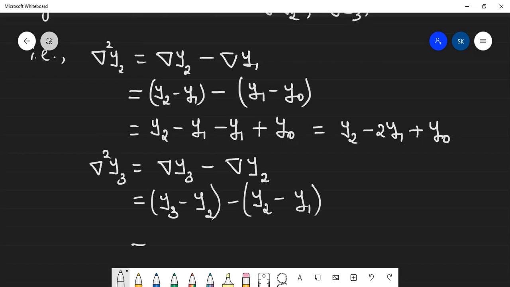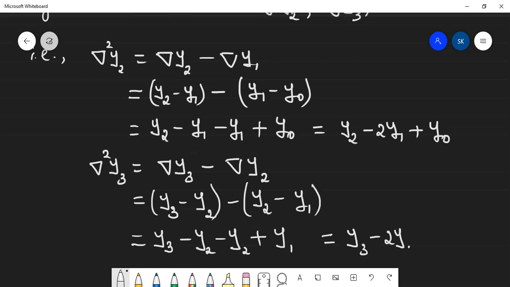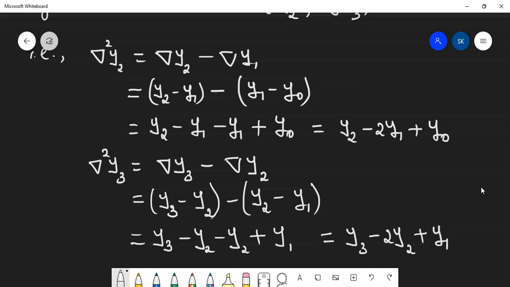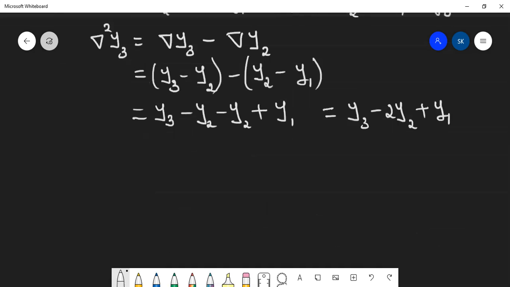We'll simplify this. I'll get y3 minus y2 minus y2 plus y1. So the final simplification is y3 minus 2y2 plus y1. This is how we have the backward delta square y3 value.